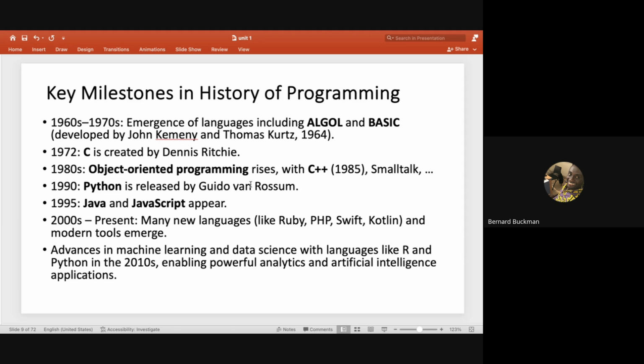And now with the revolution of AI and data science, we've had languages like R, which have come to revolutionize the way we do AI and machine learning. So computers have come a very long way, and programming languages have developed in conjunction with computers, because wherever you need a computer, you need software to run or manage it.